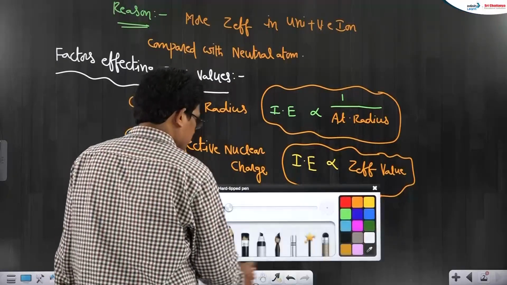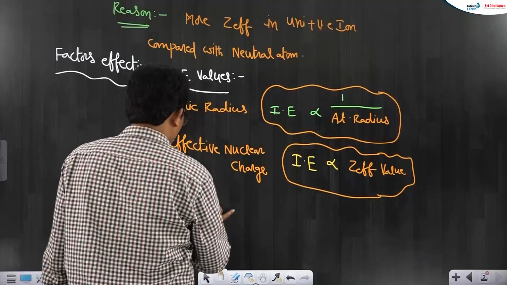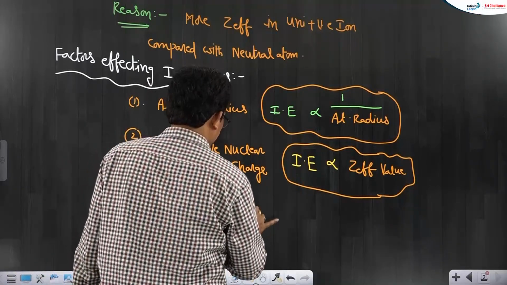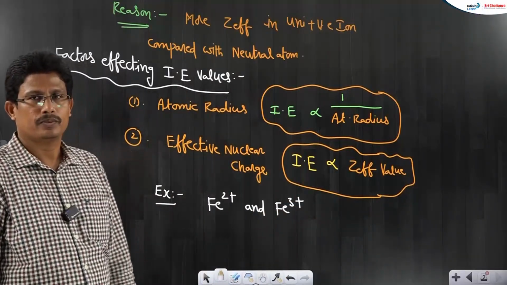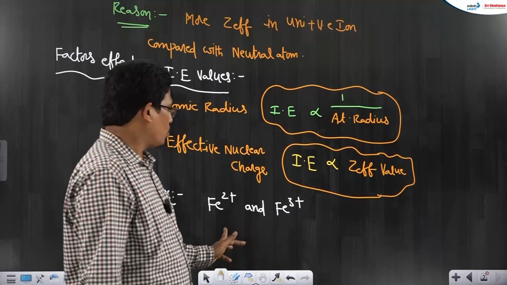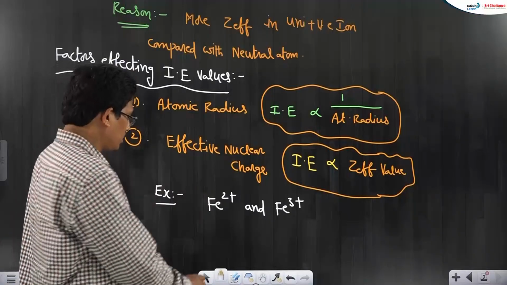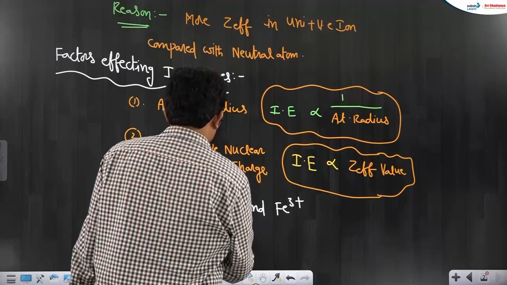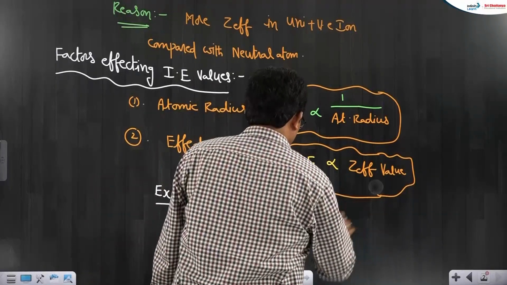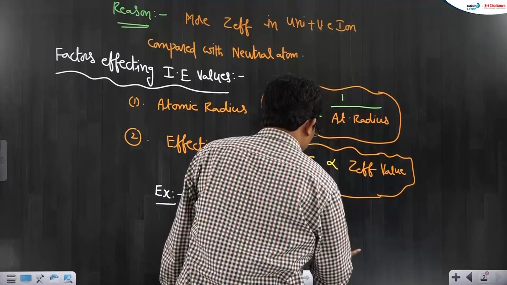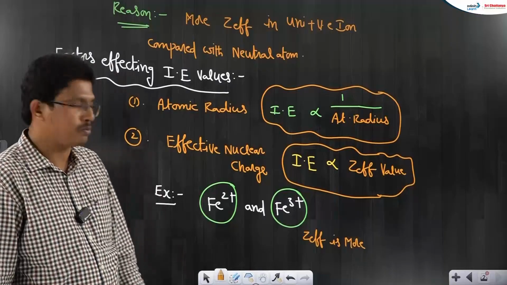For example, among Fe2+ and Fe3+ ions, ferrous and ferric, which one requires more energy to lose one more electron? Among these two cations, effective nuclear charge is more in the ferric ion. Z effective is more, and the magnitude of positive charge is more.